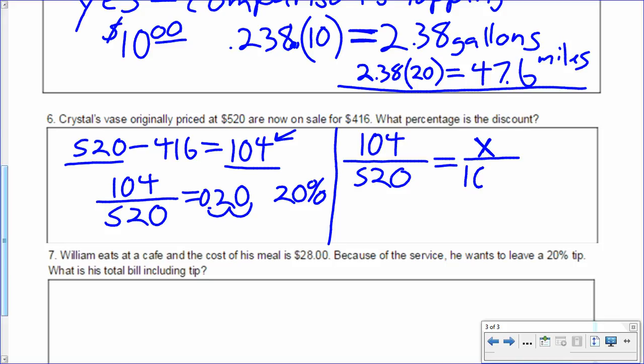So we know this rate, this 104 to 520, we can convert it to something per 100, okay? And we know that those ratios will be equal, okay? We set the 100 because we want it in percent. We want to have a decimal. So now we can just cross multiply and solve for x.